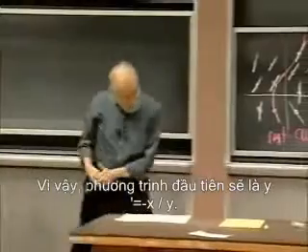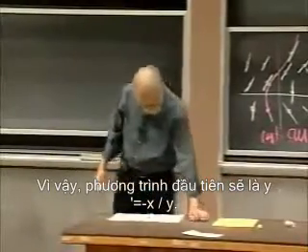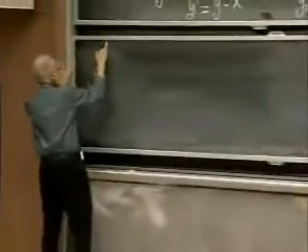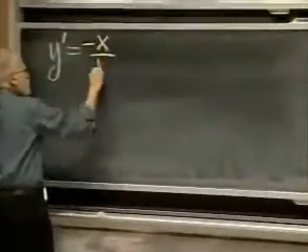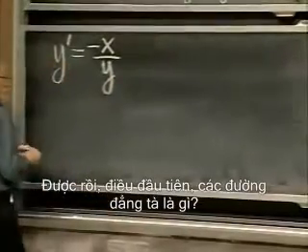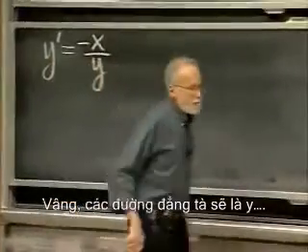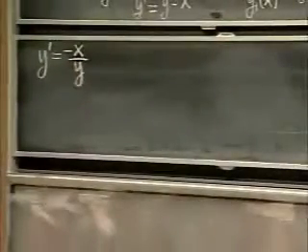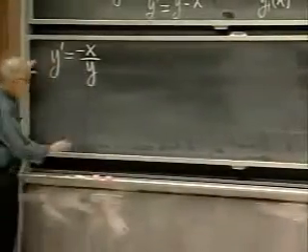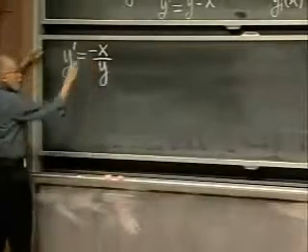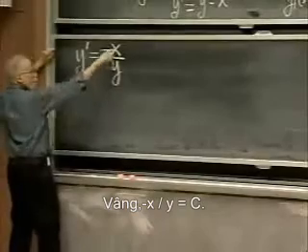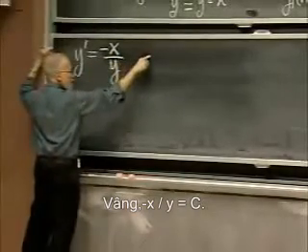So the first equation is going to be y prime equals -x over y. First thing, what are the isoclines? Well, the isoclines are going to be negative x over y equals c.